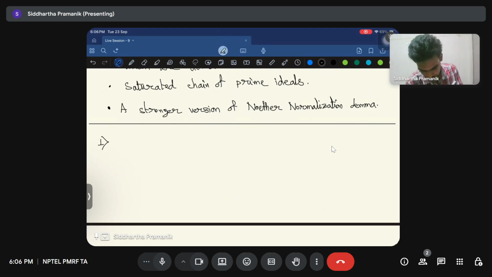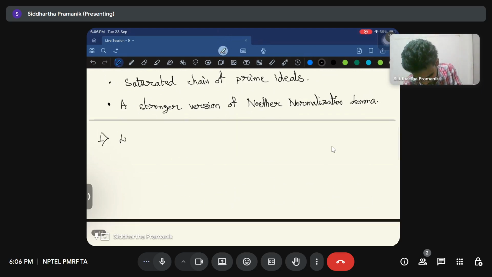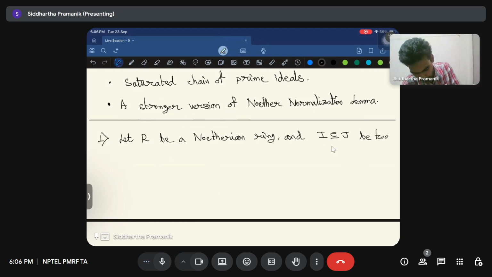So let R be a Noetherian ring and I subset of J be two ideals in R.